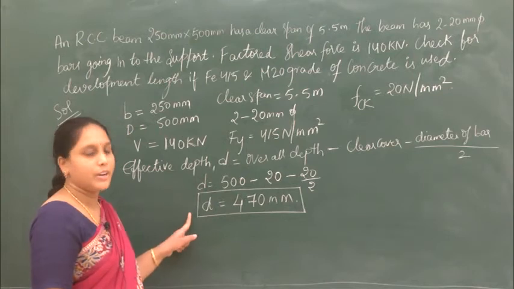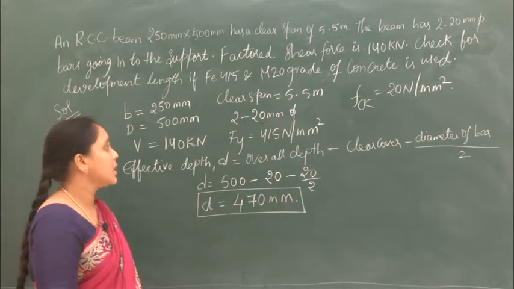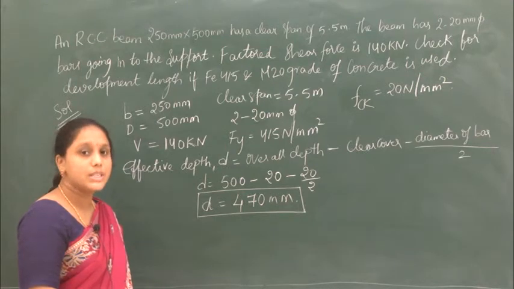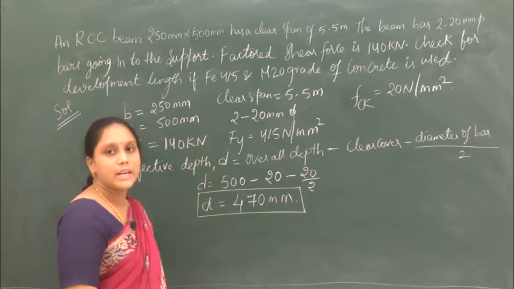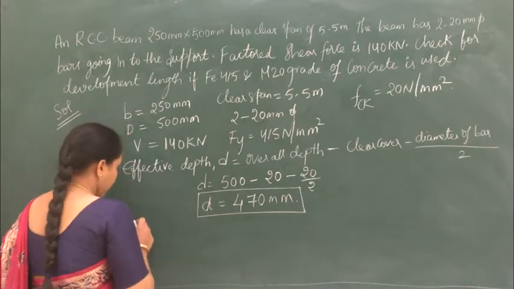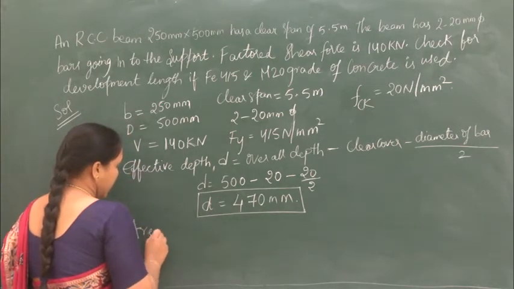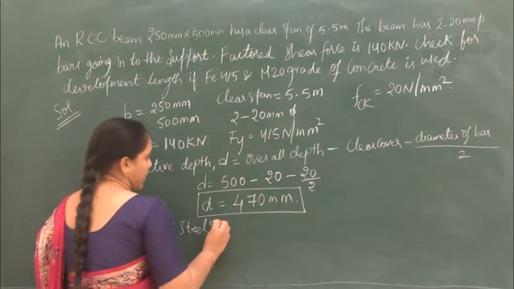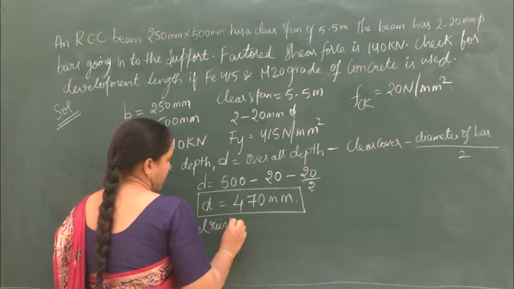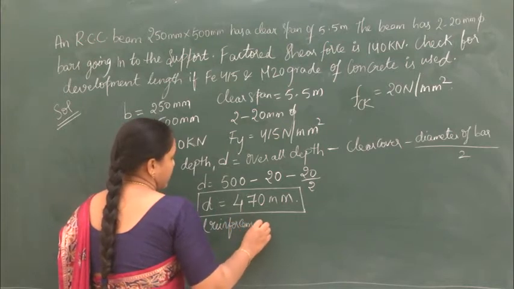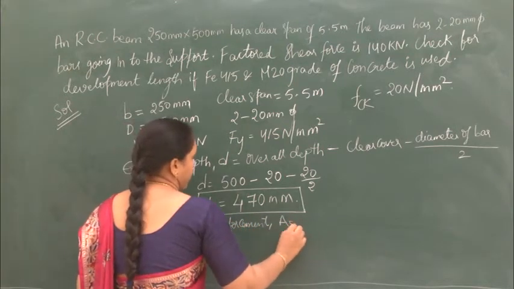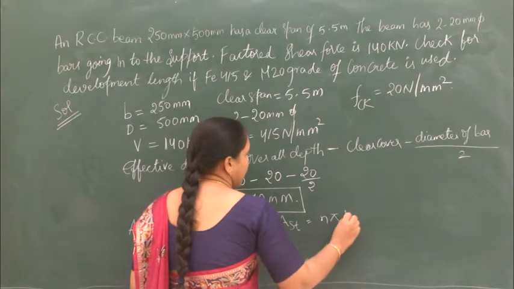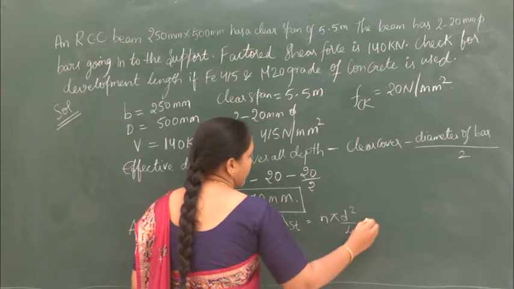Now that we know the effective depth d, the next unknown we have to calculate is the area of steel, Ast. So how will we calculate the area of steel reinforcement? The formula is Ast equals n into pi d square by 4.